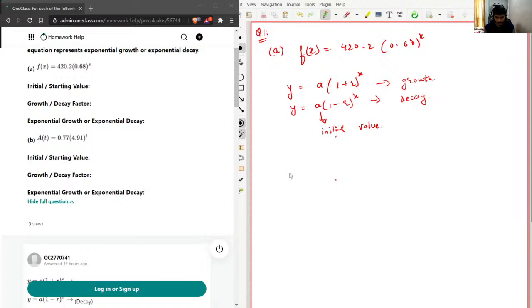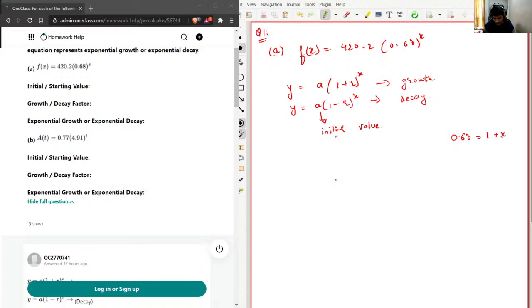So in the first one, we have been given a function, but this function is not in this kind of form. Basically, it should have 1 plus x, so we need to equate 0.68 to 1 plus x. Then I'll take x on this side, and bring 0.68 on the other side.